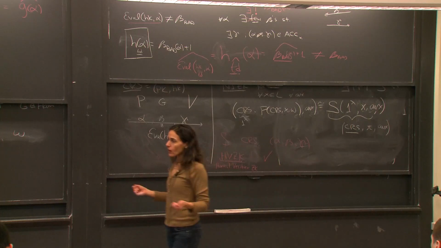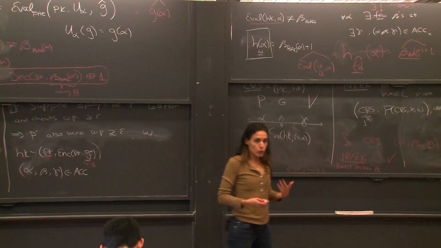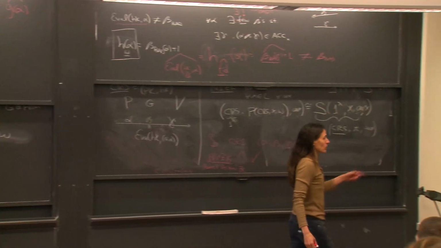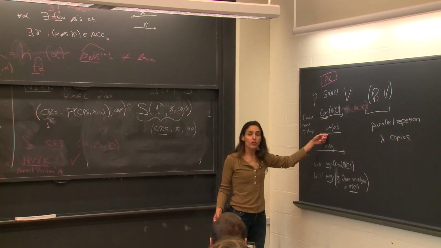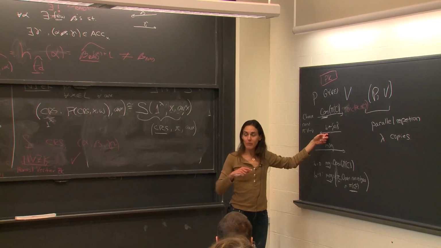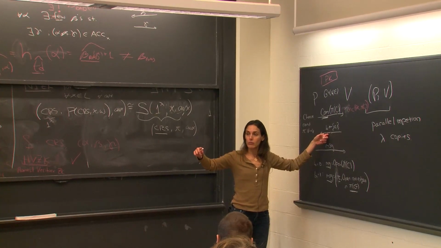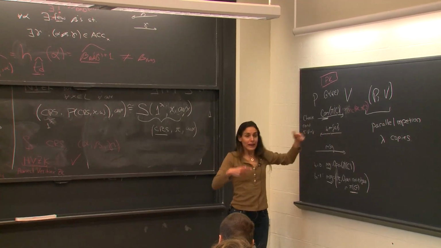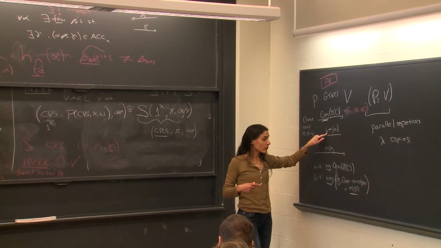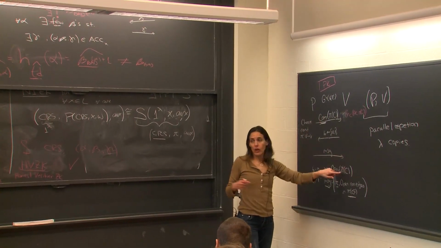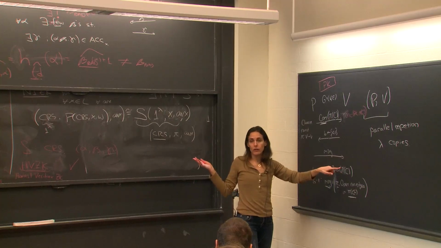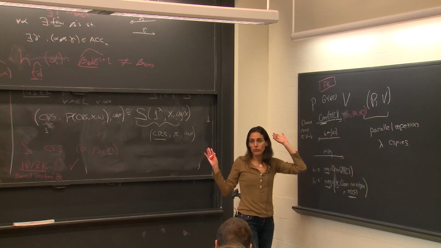Why? Well, it's very easy. I'm the simulator. I need to generate a transcript. I'm going to first generate the B's, B1, B2 up to B lambda at random. Now if B equals 0, I'm going to commit to a completely random Hamiltonian cycle, having nothing to do with the graph.